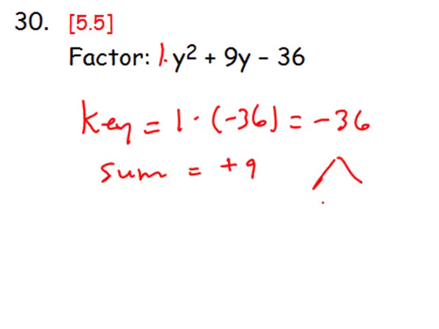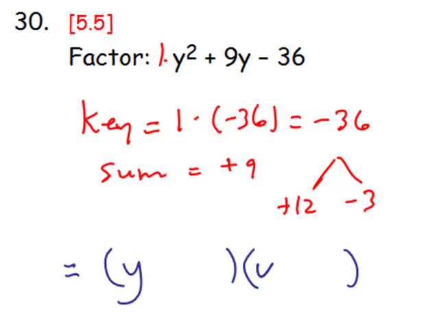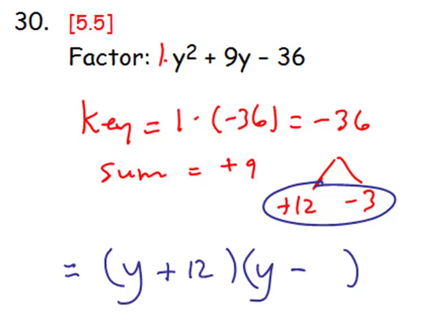And the two values that make that true are positive 12 and negative 3. Again, because this is 1y squared, this is the simple one-step factoring. Y and y start the binomials, and our factor game results complete the binomials. Plus 12 minus 3.